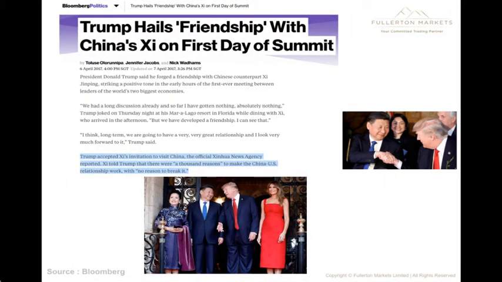Okay, the next key event, of course, is the President Trump and President Xi, the highly anticipated meeting, 2 days meeting towards the end of last week. As you can see, the photos over here are showing a very harmonious encounter between the leaders of the world's top 2 economies.